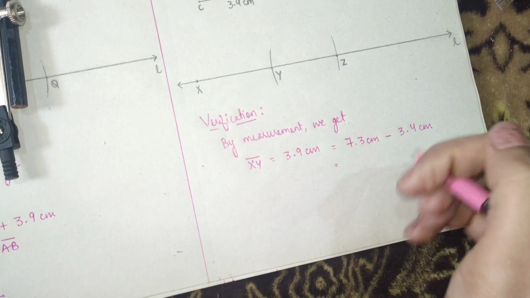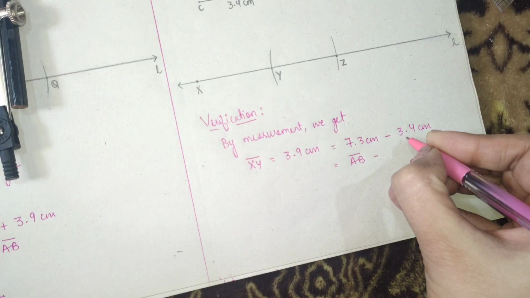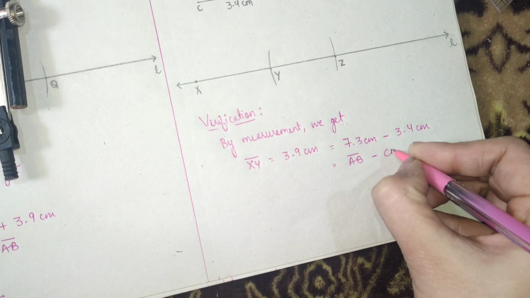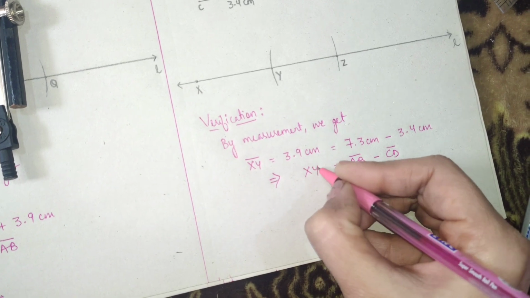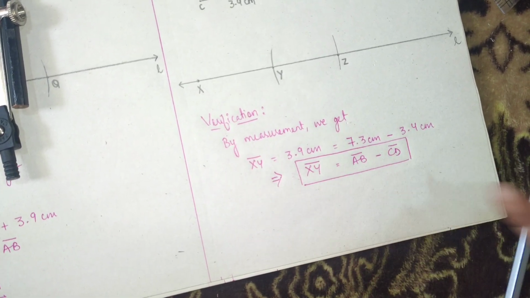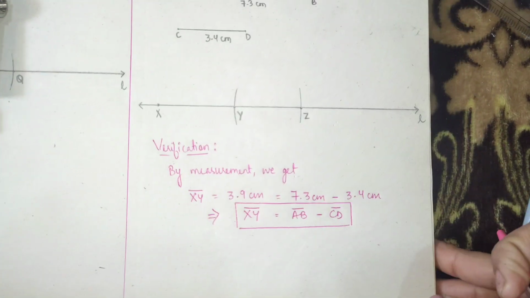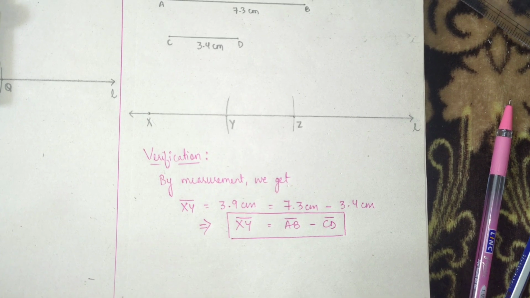But what is 7.3 centimeter? That's AB. And what is 3.4 centimeter? CD. So that's how you got XY as the difference between AB and CD. I hope you understood. But still, if you have any doubt, you can ask me through WhatsApp. Thank you.